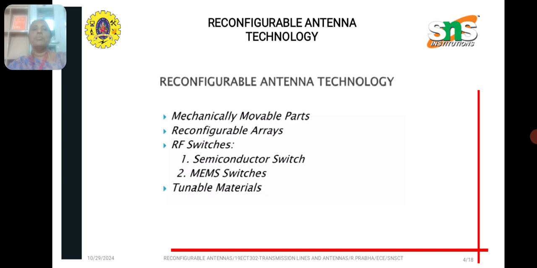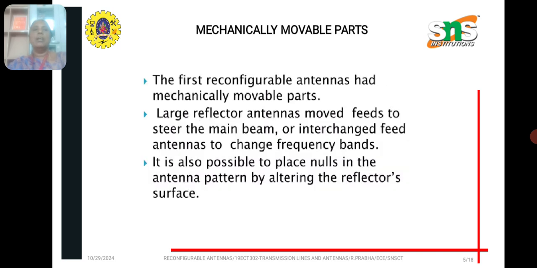The reconfigurable antenna technology consists of mechanically movable parts, reconfigurable arrays, RF switches consisting of semiconductor and MEMS switches, and tunable materials. The first reconfigurable antennas had mechanically movable parts. Large reflector antennas moved feeds to steer the main beam or interchanged feed antennas to change frequency bands.